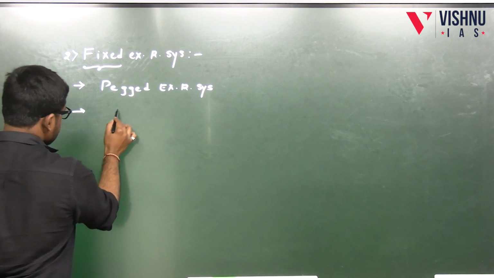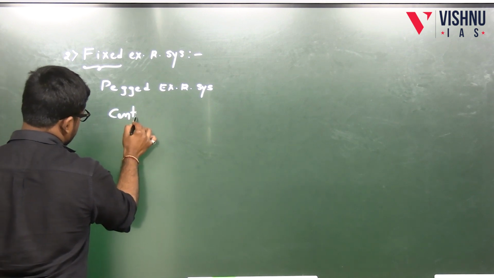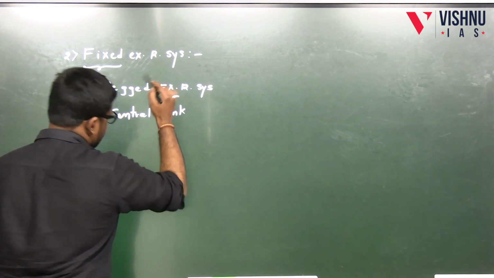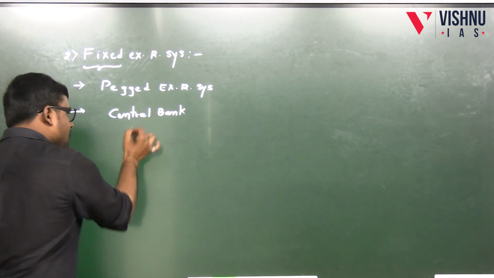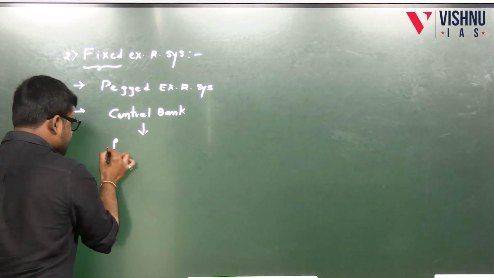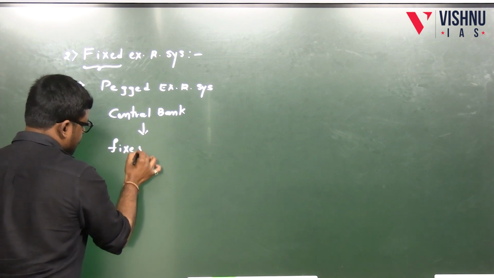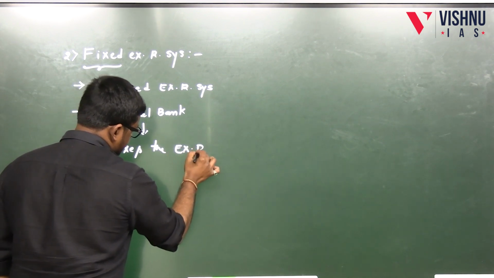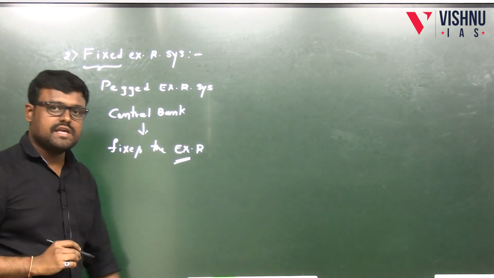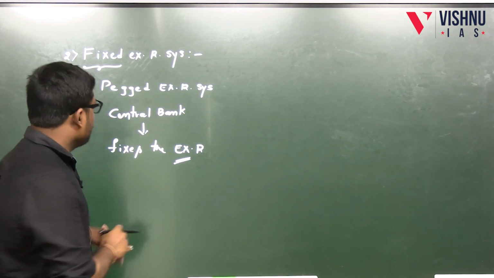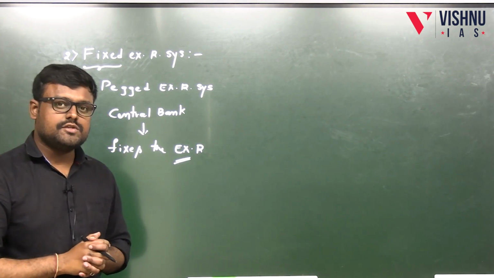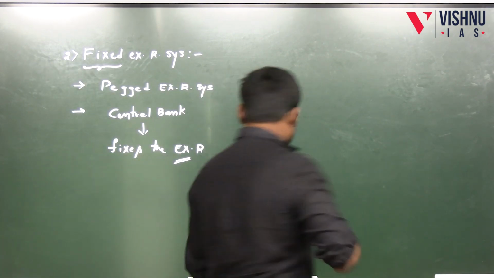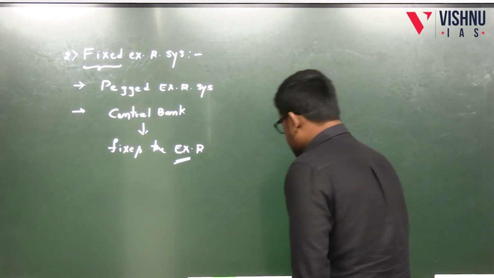So under this, the central bank will intervene in the forex market, and the central bank fixes the exchange rate. The central bank fixes the exchange rate here. So it is the fixed exchange rate system. Right. Okay. So let us take a case here.